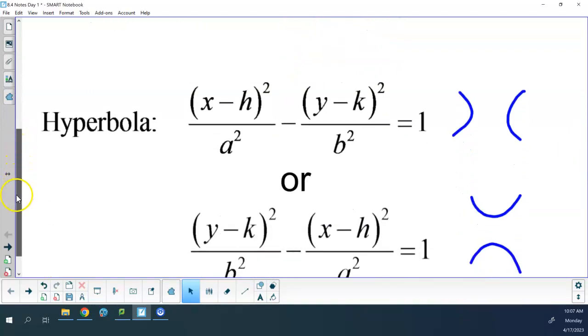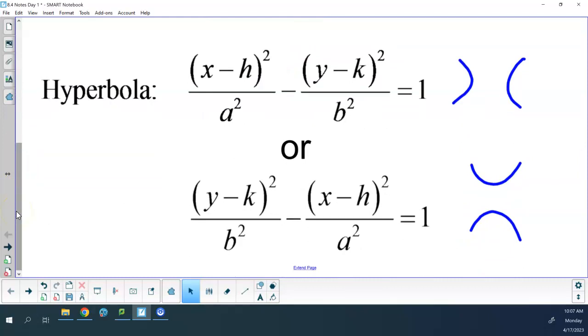Now hyperbola comes with, just like parabolas, it's a bola. Okay? So there's going to be 2 different formulas for your hyperbolas. The top formula, if x squared is positive, then it's a left and a right opening hyperbola. If y squared is positive, then it's an up or a down, up and down opening hyperbola.